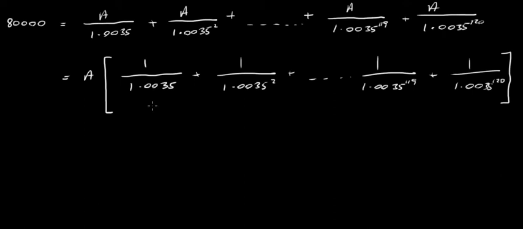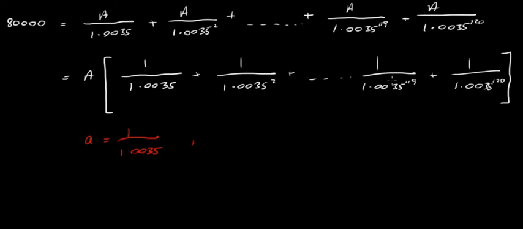So remember, if you just look inside the bracket here, A, the first term of our geometric series, is 1 over 1.0035. The common ratio, what do I multiply this by to get my next term?